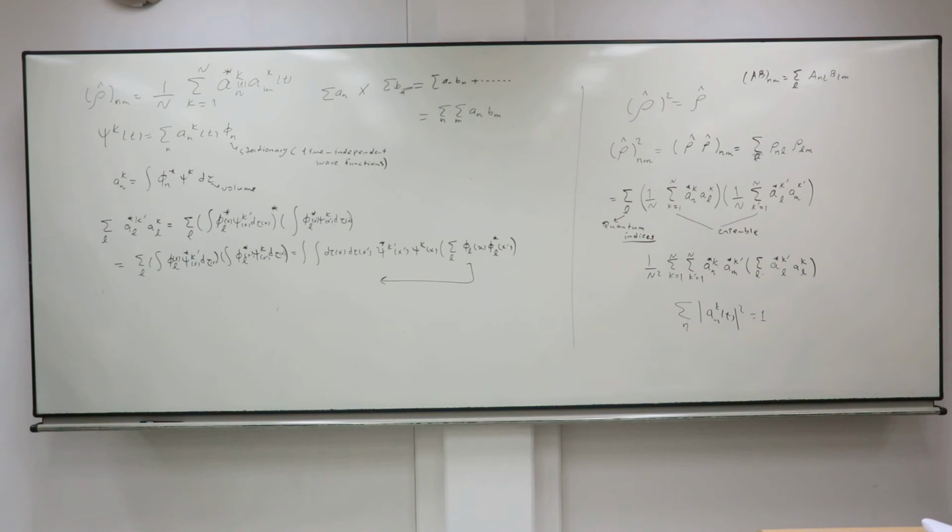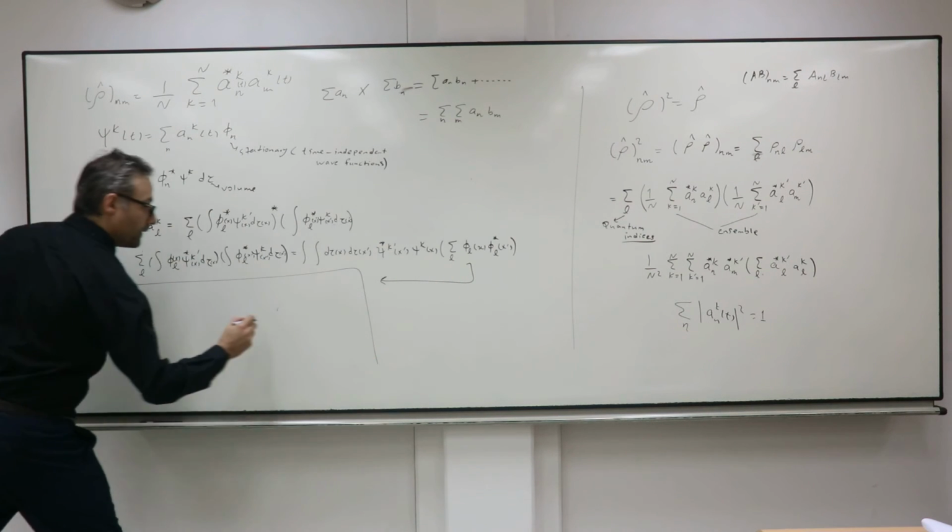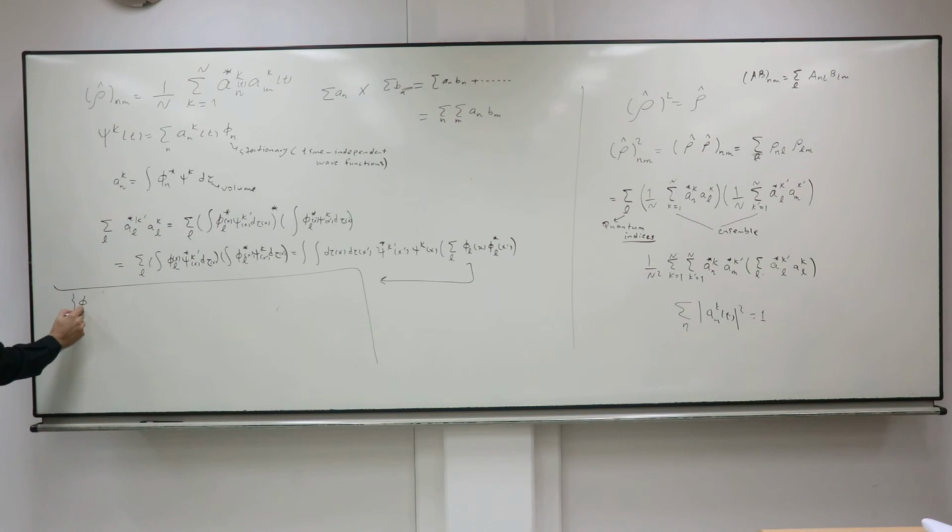L can start from any value, depending on the energy level: maybe from 0, like the harmonic oscillator, maybe from 1, like the hydrogen atom or a particle in the box, and it runs to infinity.